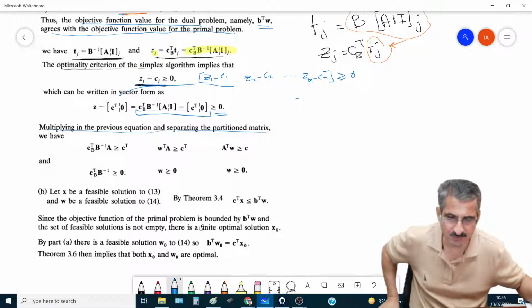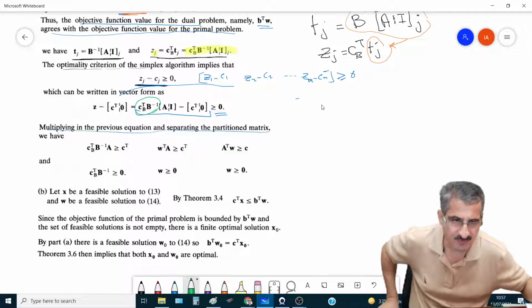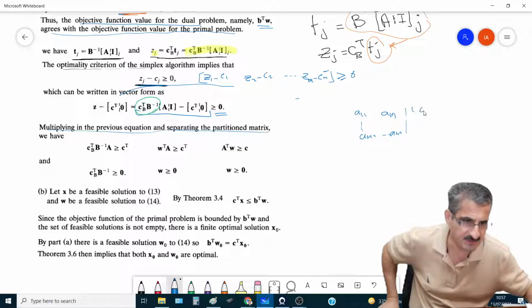We want to multiply this with the two matrices. I have a matrix A, which is A11 up to A1n, down to An1 through Ann, and the identity.